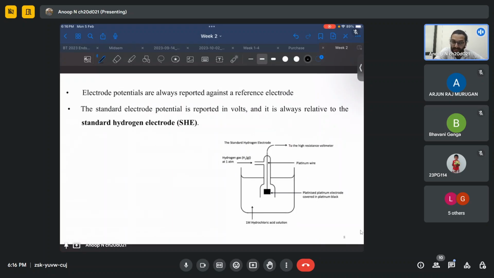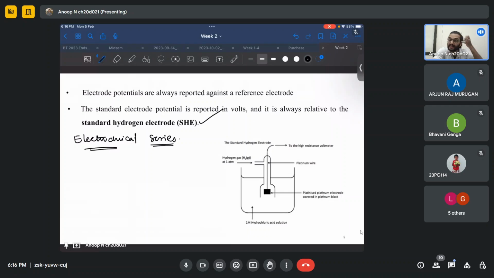Electrode potential is always reported against a reference electrode. The standard electrode potential is reported in volts and it is always relative to the standard hydrogen electrode. I'm not going into this now; in next week's lecture I'll go deeply into what the electrochemical series is.